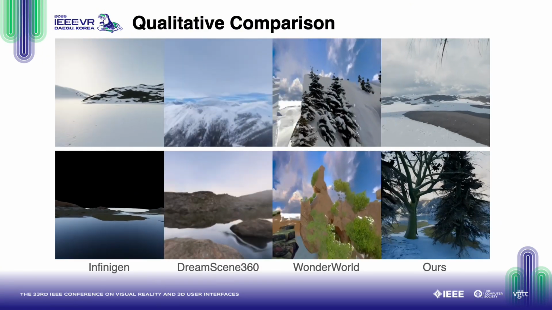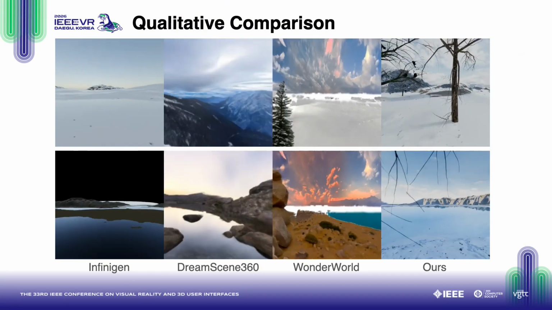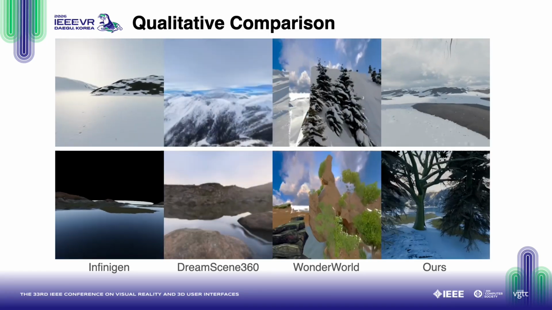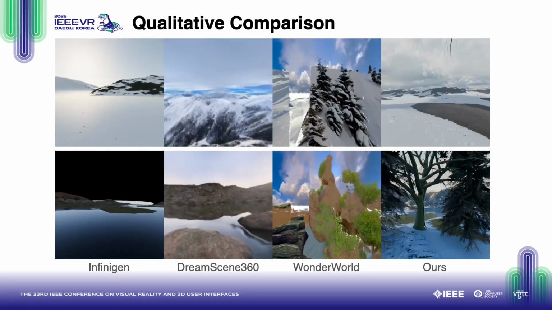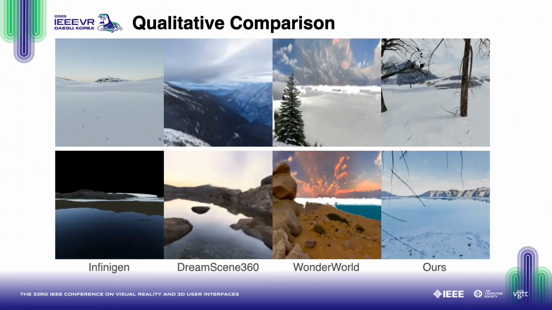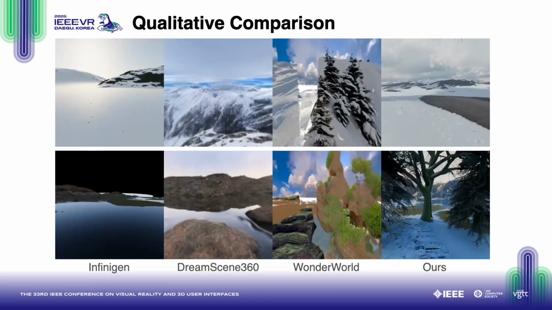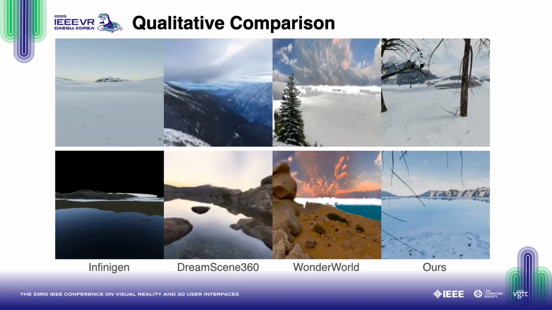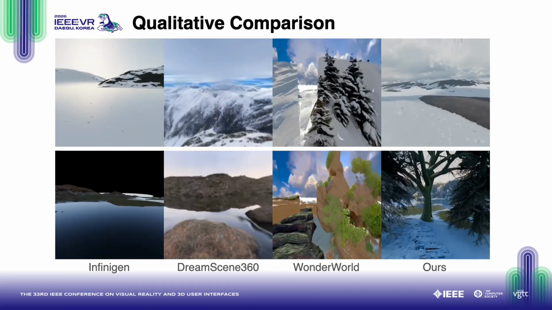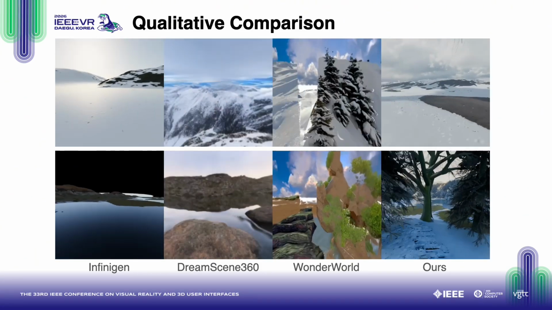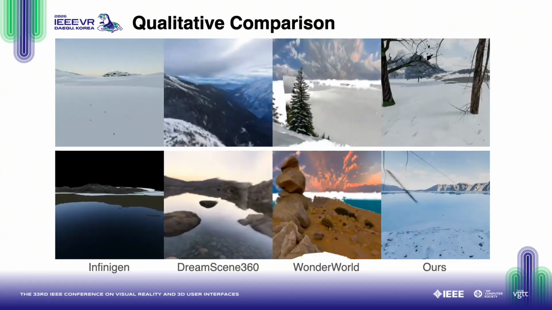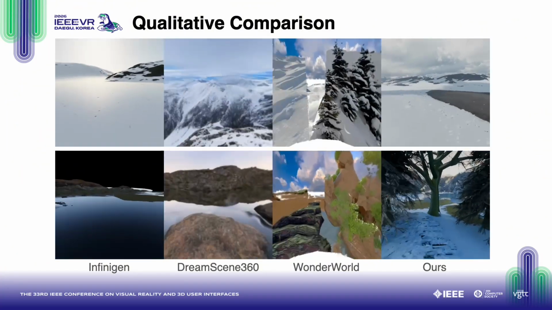Here we present qualitative comparisons with 4 baselines. InfiniGen, driven by limited procedural generators, often lacks diversity and may introduce incoherent objects. DreamScene 360 improves multi-view consistency via panoramic lifting, but exhibits limited scene variety and blurry artifacts due to unstable in-painting optimization and the restricted resolution of 3D Gaussians.